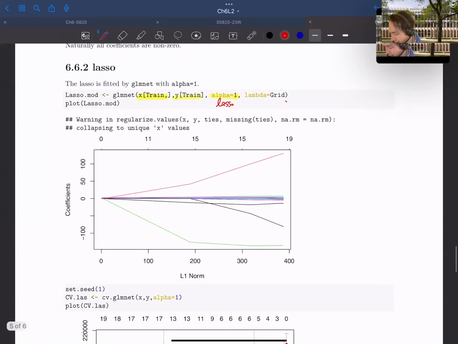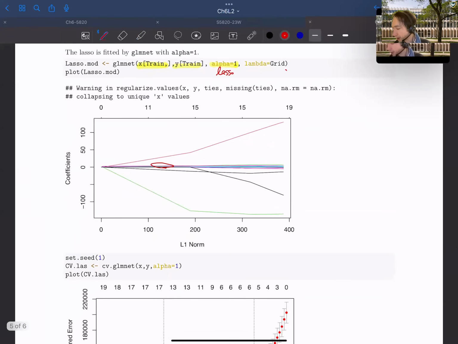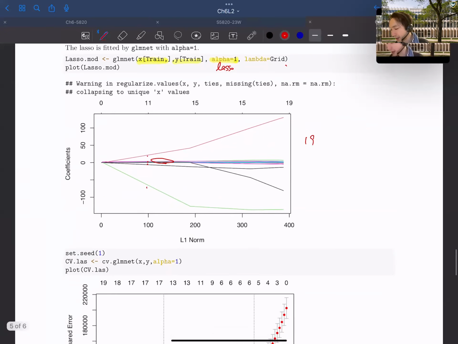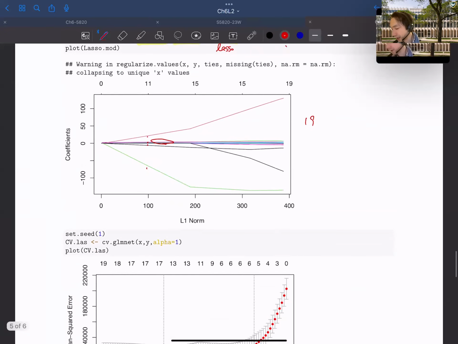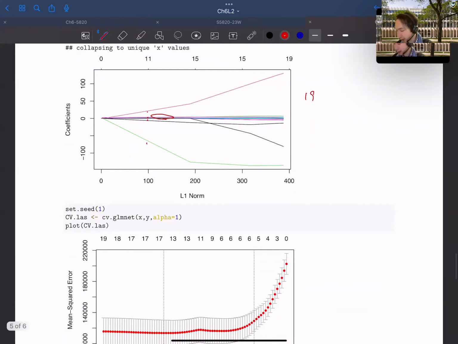You can see some parameters are 0 here, and only a few non-zero parameters. We have 19 variables, but only maybe 3 are much different from 0, and only a few of them are somewhat positive or negative, but mostly these are about 0.